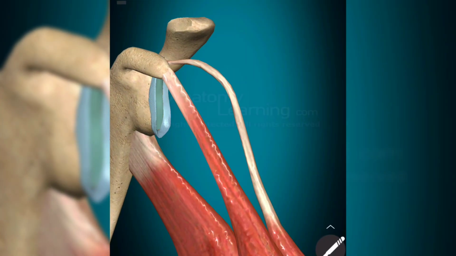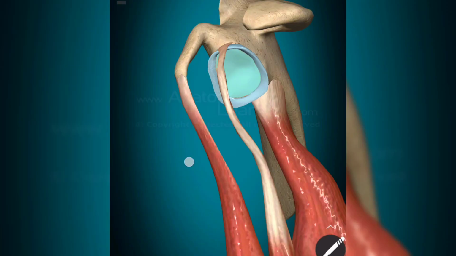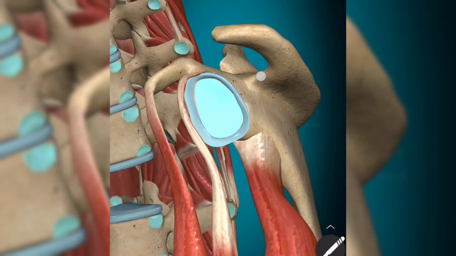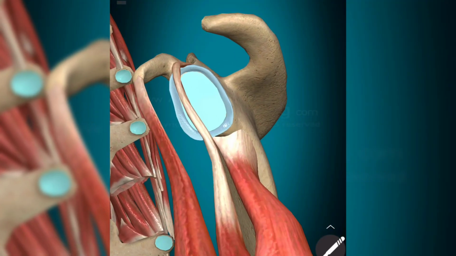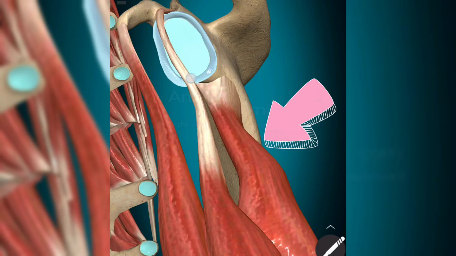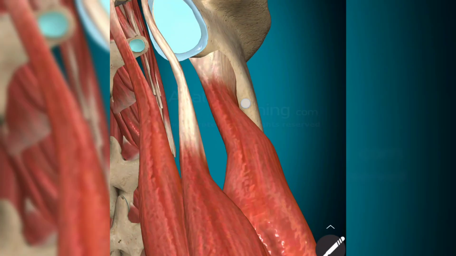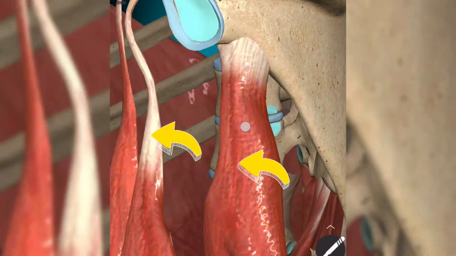The long head of biceps brachii arises from the supraglenoid tubercle, and the long head of triceps arises from the infraglenoid tubercle. Long head of biceps from the supraglenoid and long head of triceps from the infraglenoid, the 2 muscles.